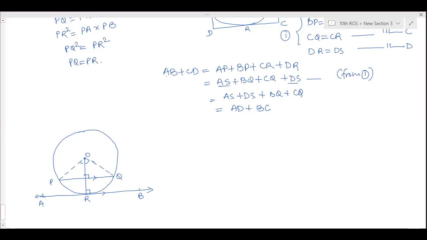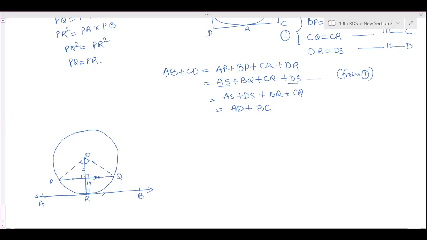Corresponding angles. So OM is perpendicular to PQ. If OM is perpendicular to PQ, that means a perpendicular from the center bisects the chord. So therefore PM is equal to MQ. Now prove triangles OPM and OQM congruent. PM is equal to MQ, angle M is 90 and this is the common side.